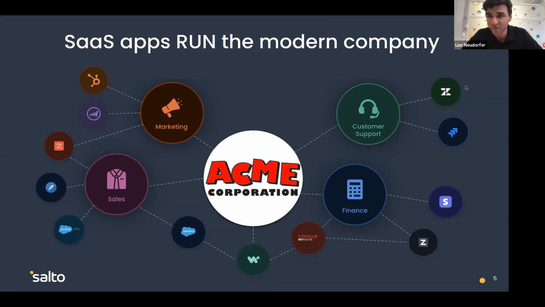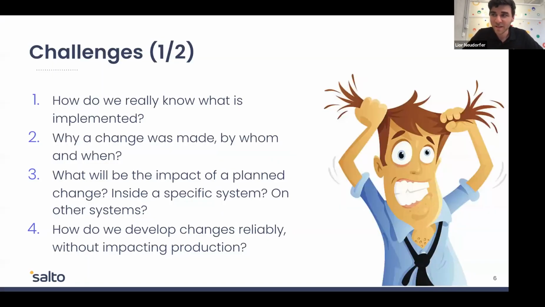The sales department probably uses Salesforce, customer support uses Zendesk and maybe Jira, finance uses Oracle NetSuite, for example. But all of these have one thing in common. All the departments need SaaS applications to run the business. So SaaS business applications are a critical part of modern companies.